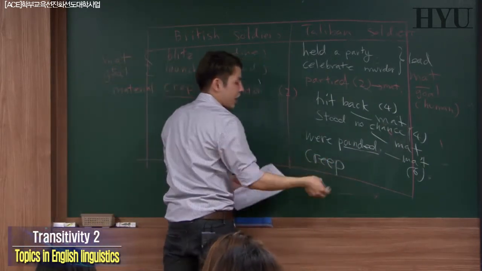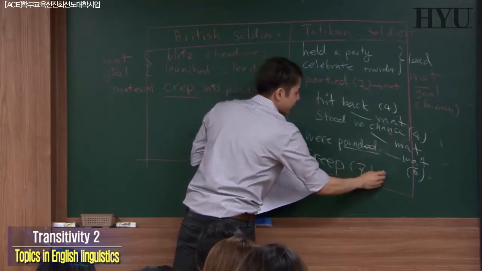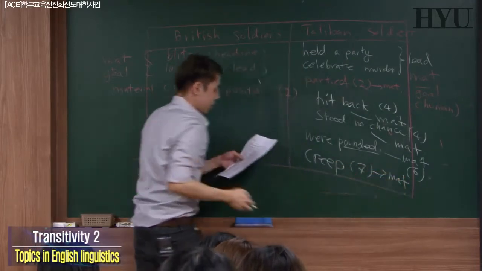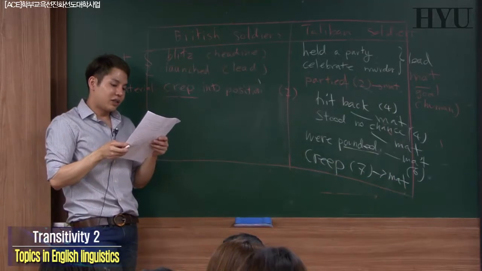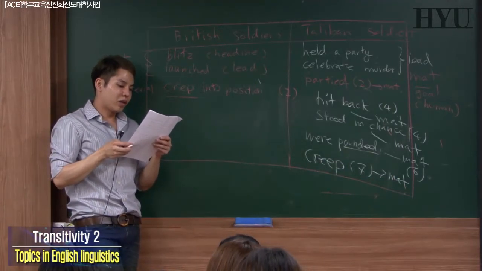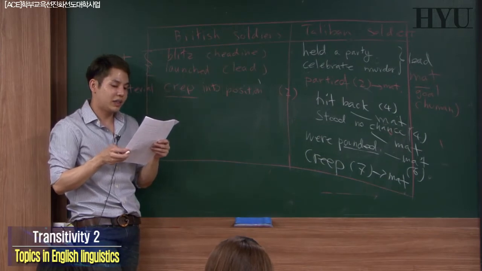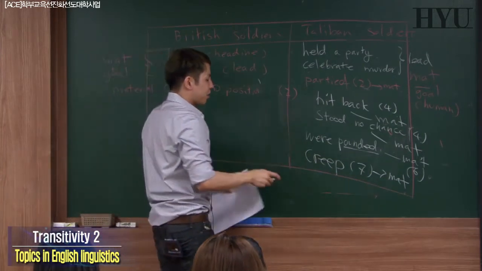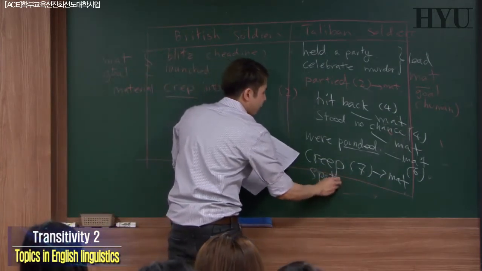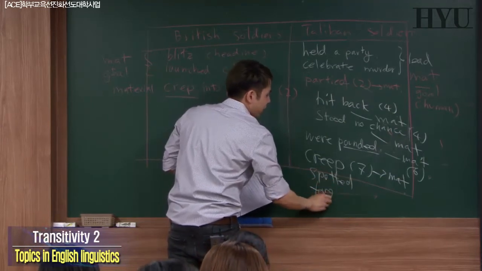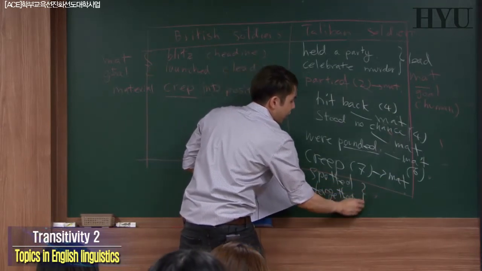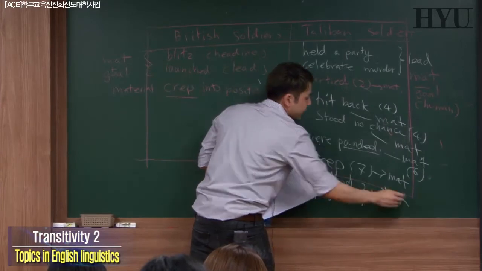This is 7, which is the material process again. Our boys in a trench were spotted by thermal imaging equipment and targeted with a Javelin heat-seeking missile. So we have spotted and targeted, both of which are material processes again in line 7, okay?